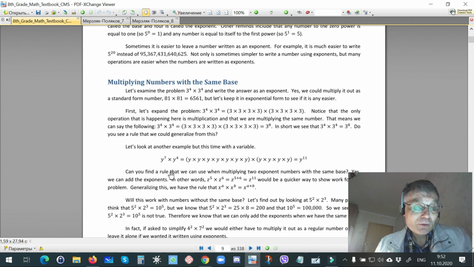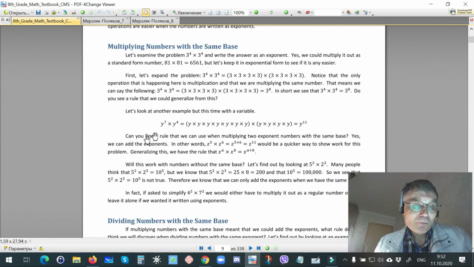And the rule is that when we multiply two exponents with the same base, we just add the exponents and keep the base the same. So for example, in this example, y to the power of 7 multiplied by y to the power of 4 is just y to the power of 7 plus 4, which gives us 11.